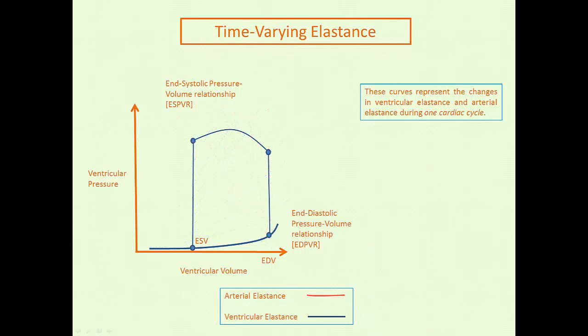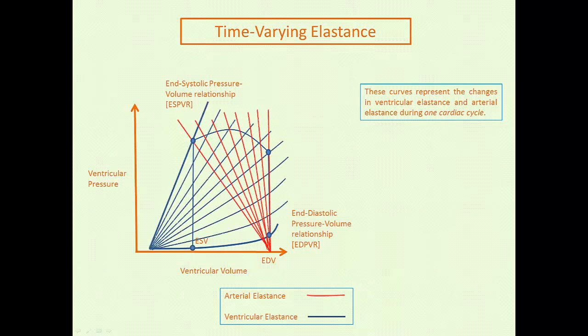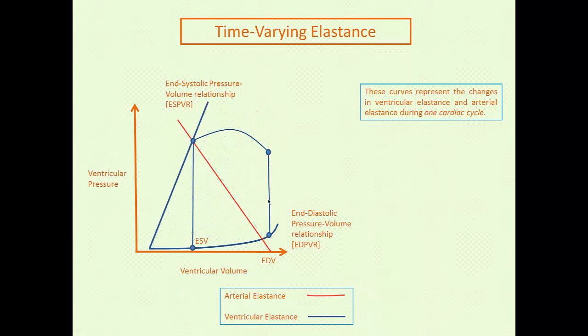And if you want to see that again, you can see that as the ventricle ejects, it follows this curve, and this is a pressure-volume curve, and the volume is decreasing in the ventricle. But what's determining the instantaneous pressure along this curve here is actually an intersection of the time-varying elastance of the ventricle and the artery into which the ventricle is ejecting.